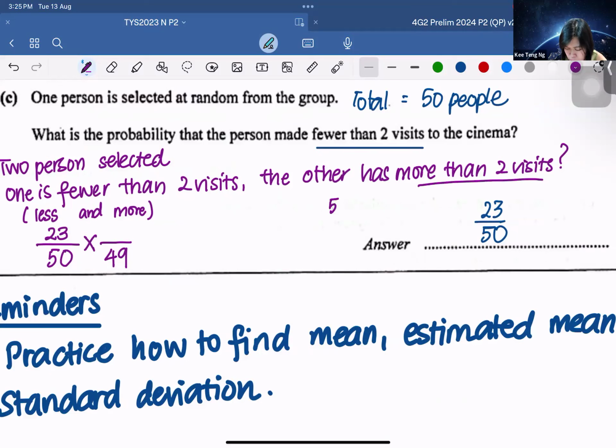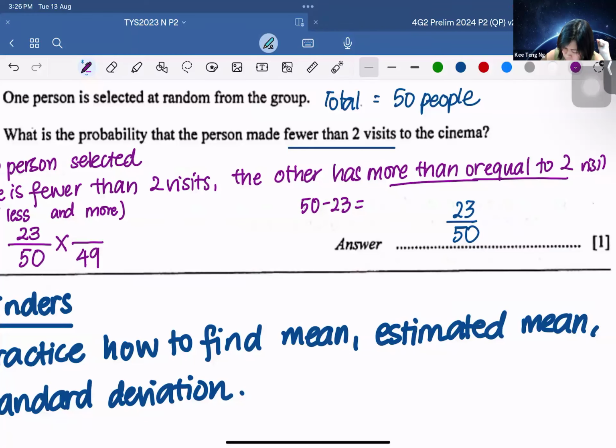Total is 50. 23 of them are less than 2. How many are more than 2? Okay, should not be more than 2, but more than or equal to 2.